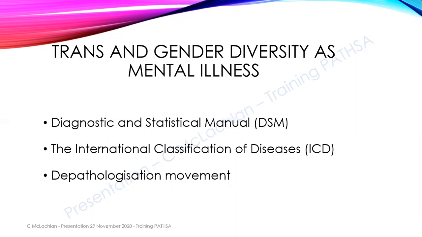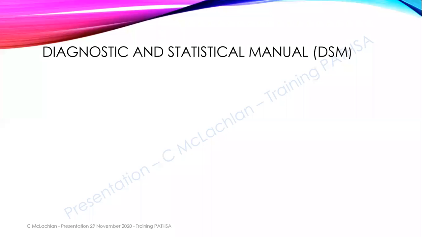And usually in our mental health aspects in South Africa, we tend to use the DSM for diagnostic purposes, and then quite often we use the ICD-10 codes, quite soon to be ICD-11, for then claiming with medical aids. So we're going to look at those two aspects, and then we're also going to look at the depathologizing.